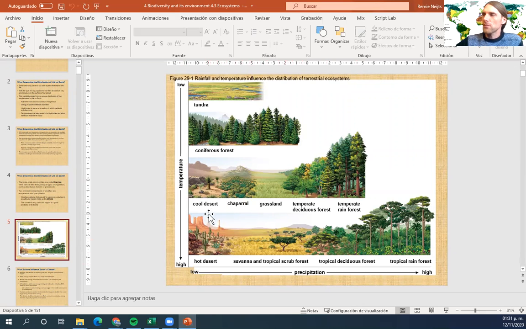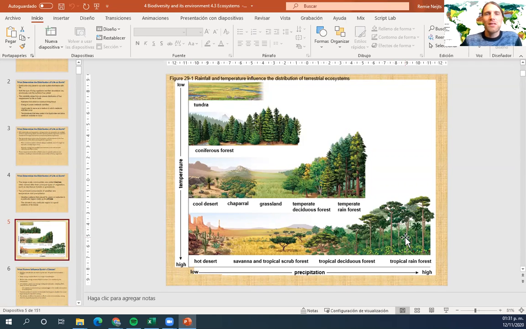So in many places on Earth, you can have high temperature but low precipitation, and you get a hot desert. If the precipitation goes up, you see that the ecosystem changes, and the higher the temperature and the more precipitation, the more variety there is, of course. And the biggest variety is, of course, the tropical rainforest.